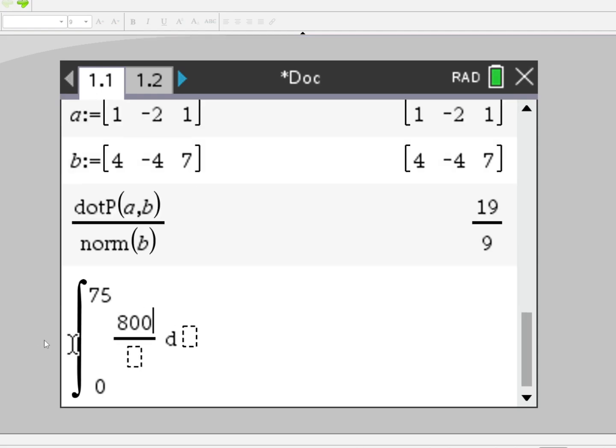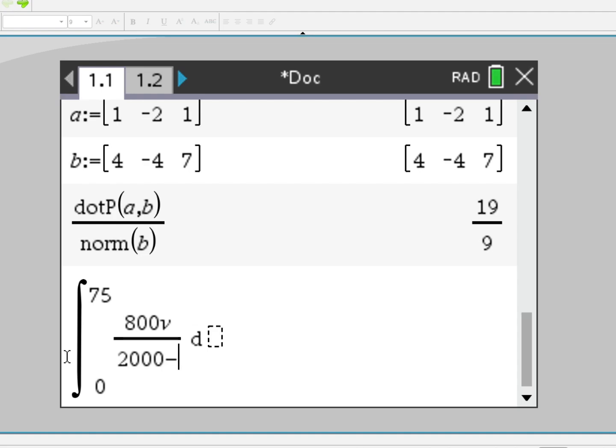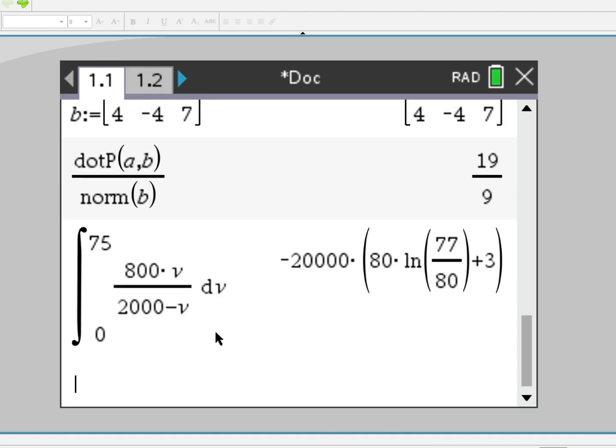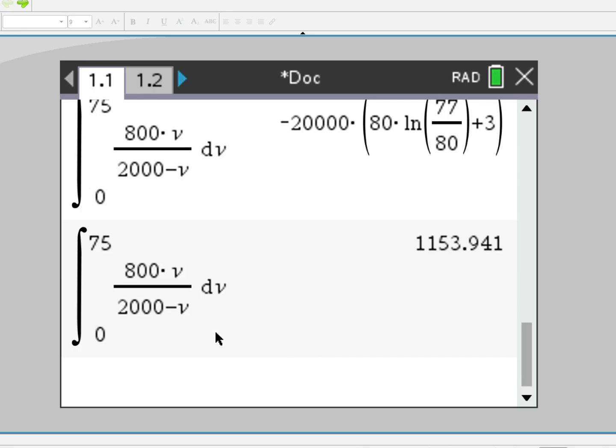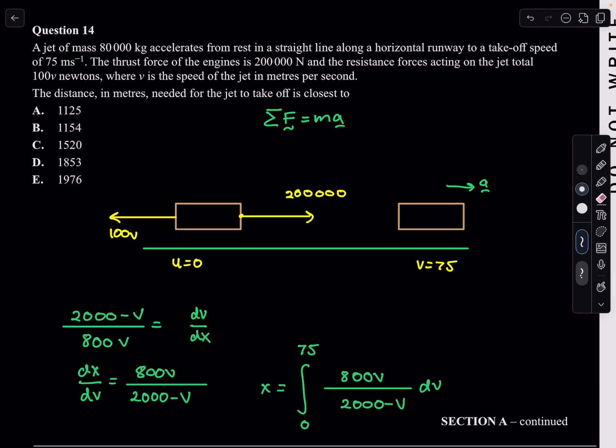And that gives me 1,153.9. Which one is that? It's basically 1,154, so 14 is B.